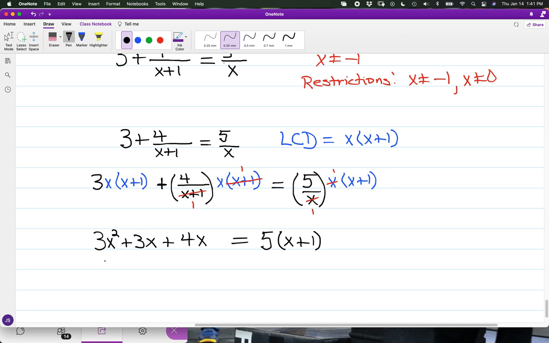Working with what we have now, you've got 3x squared, 3x plus 4x, which becomes 7x, and for 5 over the quantity x plus 1, this is going to be 5x plus 5.